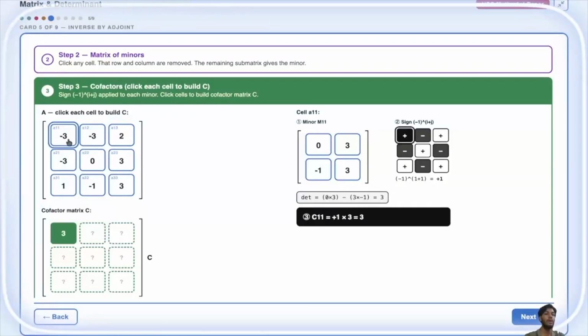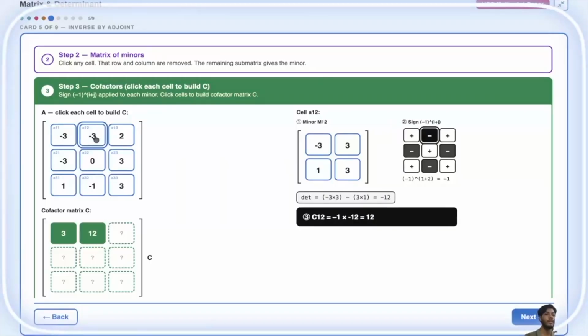So the cofactor for this position is positive 3. The same way for this value, the minor is this, and for this minor, minus 3 is multiplied by 3 and 3 is multiplied by 1, and we subtract between them, so we get negative 12. We cannot say the cofactor for this element is negative 12.